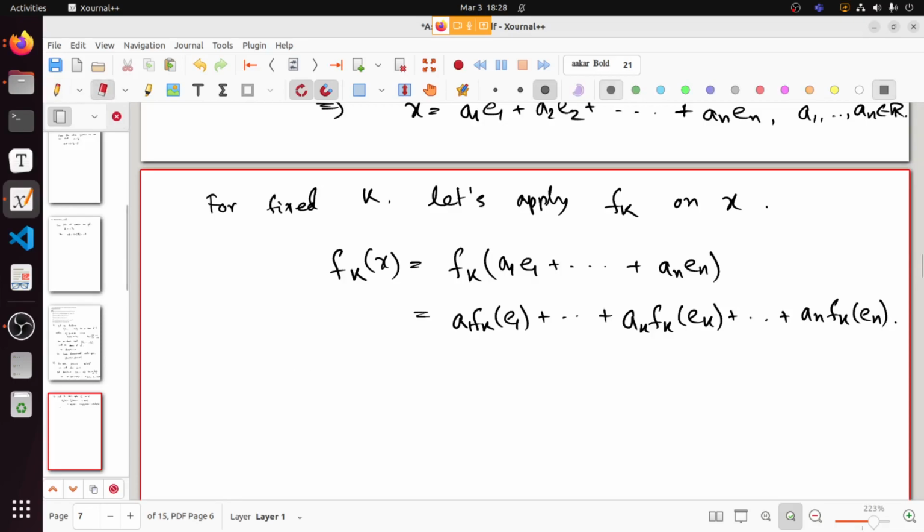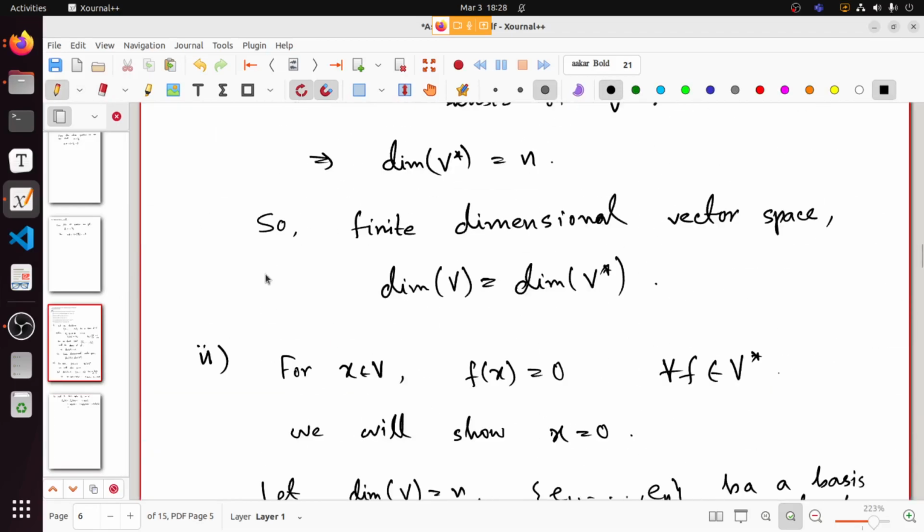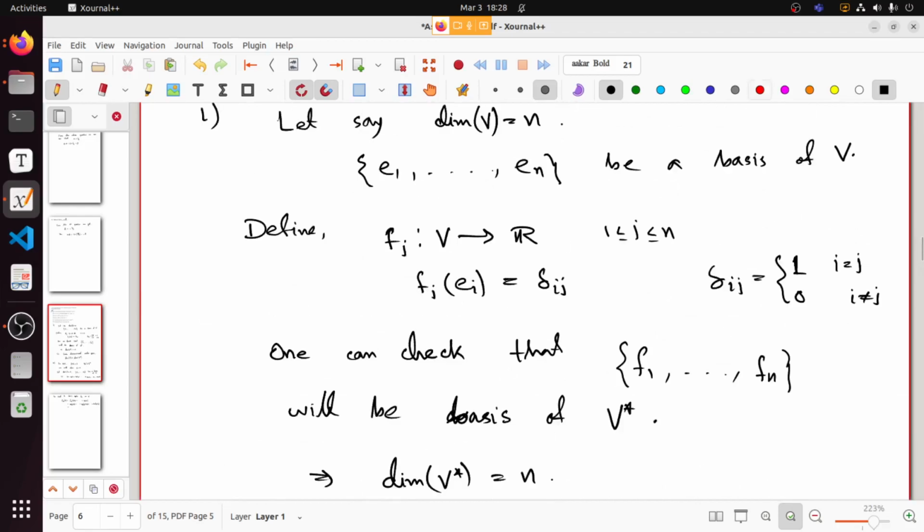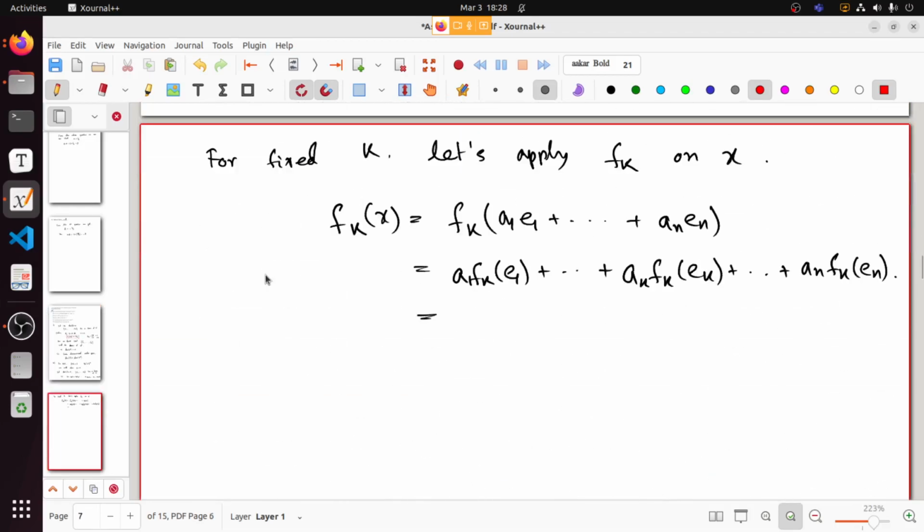First note what happens if we apply fk here. Because fj of ei is the Kronecker delta ij, only when i equals j this will be 1, otherwise 0. So only the kth term will be non-zero: 0 plus dot dot dot plus ak times 1 plus 0 plus dot dot dot. If we apply fk over x, we get ak, the coefficient corresponding to the basis vector ek.